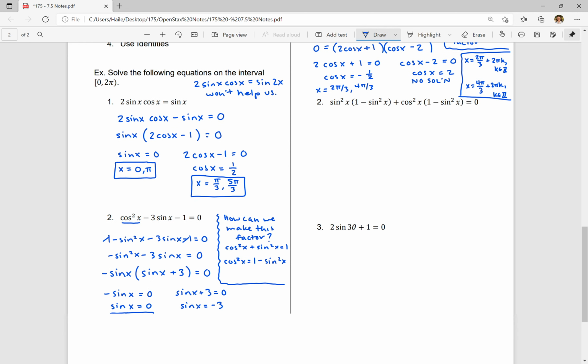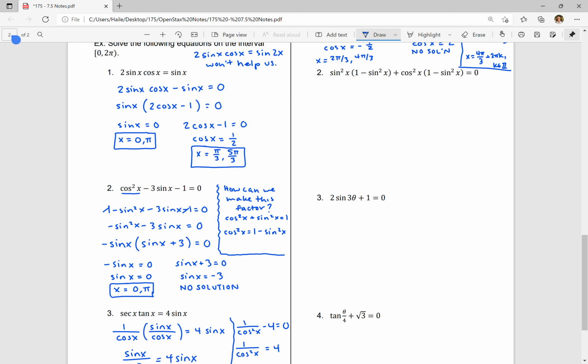So in this next one, we have sine squared of x times 1 minus sine squared of x plus cosine squared of x times 1 minus sine squared of x is equal to 0. So let's see what we can do. So you might notice that we have this repeated factor over here of 1 minus sine squared of x.